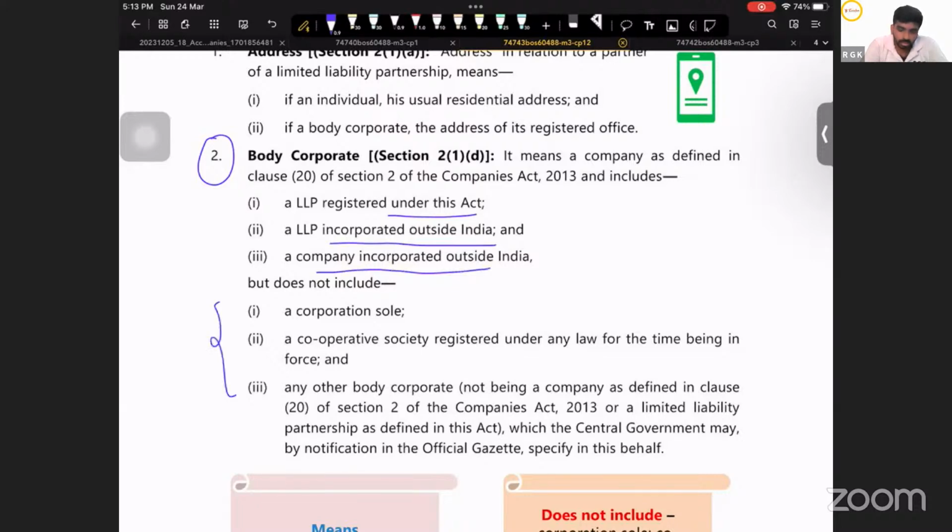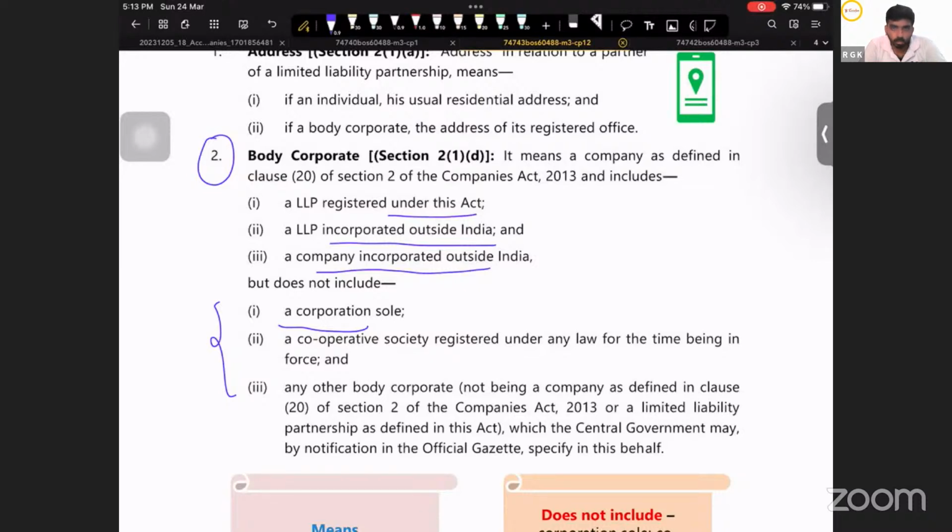But three things are excluded. Corporation sole is excluded. Corporation sole, when I say a particular office, like Comptroller and Auditor General of India, President of India, which has a perpetual succession. It is called as corporation sole.